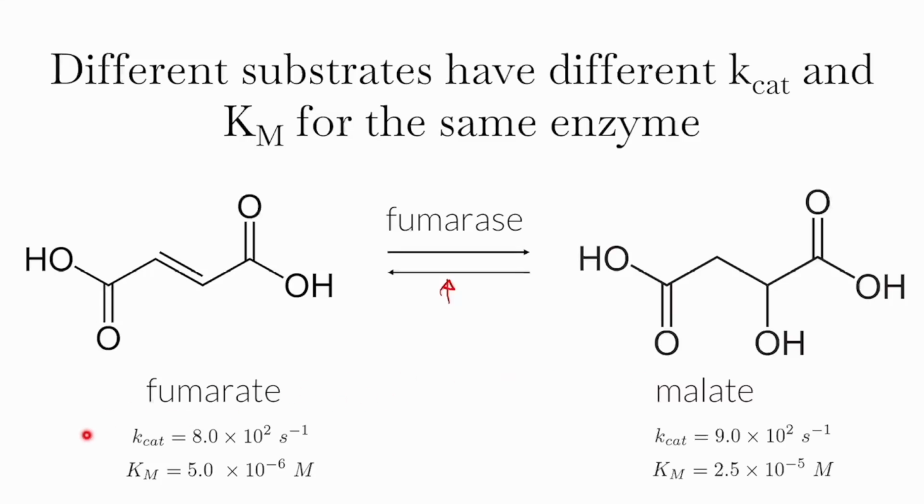Those are kind of small, I'm realizing, but you can look at these and say, what is kcat? It's 8 times 10 to the 2 for fumarate. It's 9 times 10 to the 2 for malate. And then they have pretty different Kms. The Km is 5 times 10 to the minus 6 for fumarate and 2.5 times 10 to the minus 5 for malate. So what this means is the enzyme is recognizing these things slightly differently because they have slightly different structures.